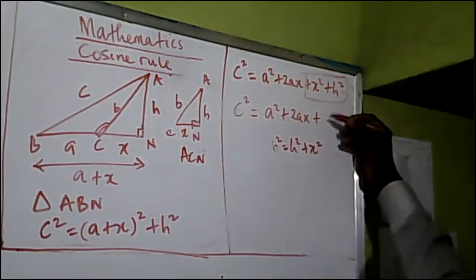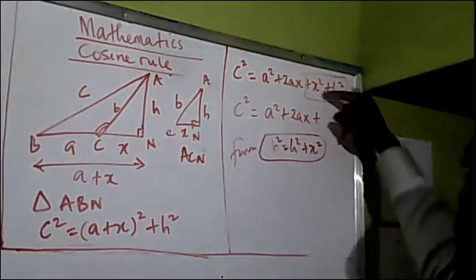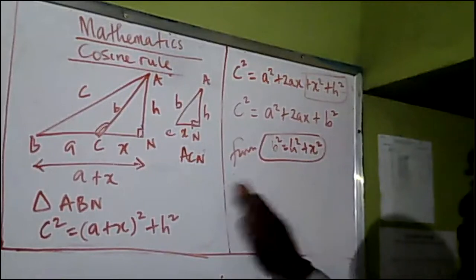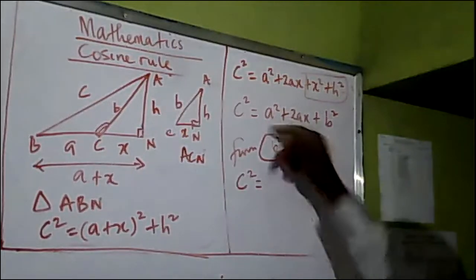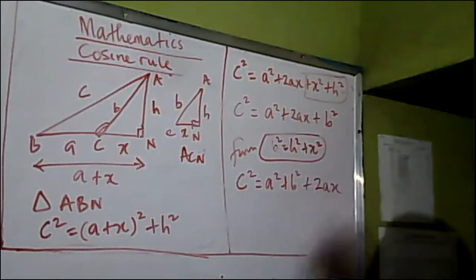H square. So from this, X square plus H square will now turn to B square. So I can say C square is equal to A square plus B square plus 2AX.